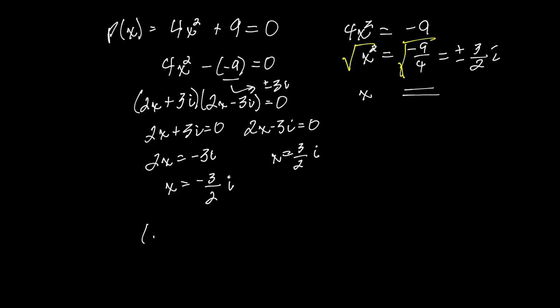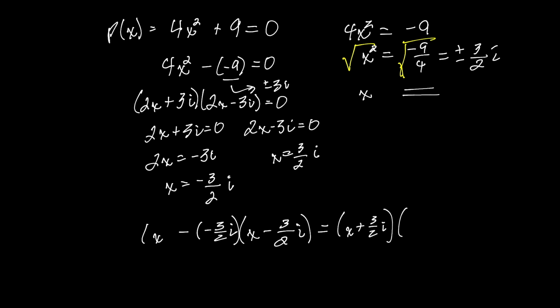Well, I'd have x minus negative 3 halves i and x minus 3 halves i. And if I simplified that, I'd have x plus 3 halves i and x minus 3 halves i.